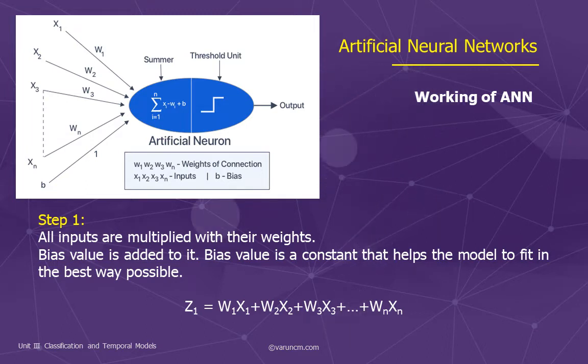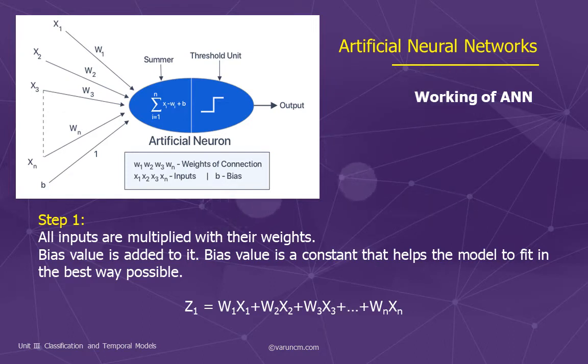The first step is that all the inputs are multiplied with their weights. So you multiply x1 with w1, x2 with w2, x3 with w3, etc. Then the next thing you do is add a bias value.